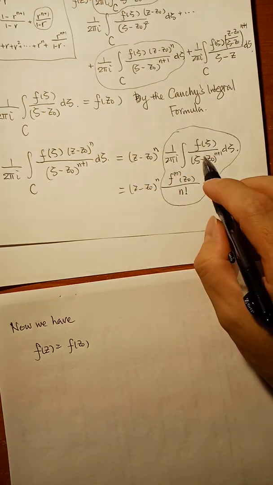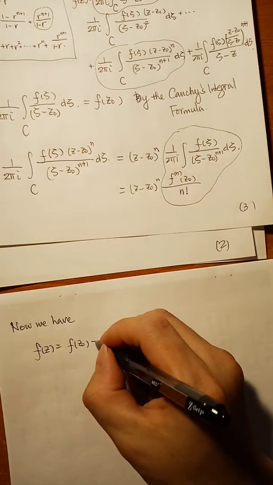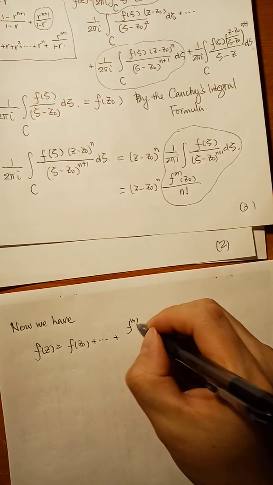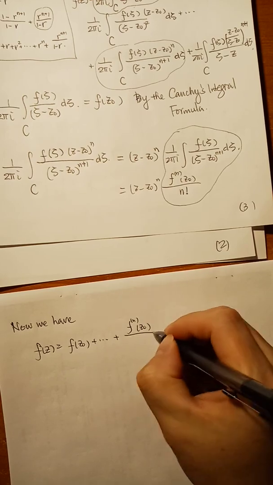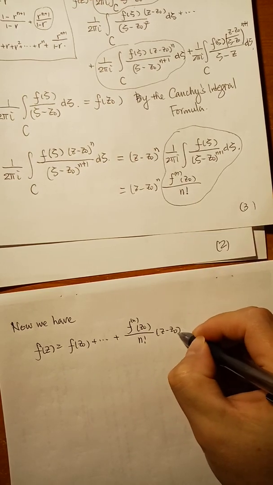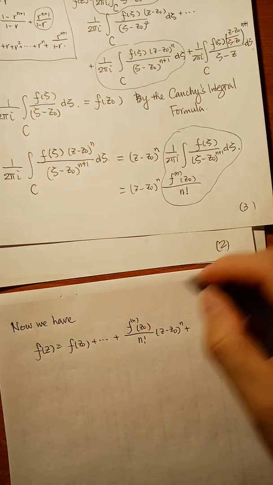The nth term is the nth derivative evaluated at z0 over n factorial times (z - z0) to the nth power. And then plus the tail.